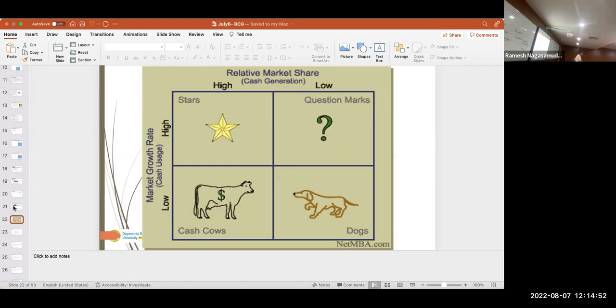Will you manufacture 2G phones? No, you will not enter. You enter a market which is growing, but within the market, you do a different segmentation. That's a different thing. Nobody enters a dog market. He must be crazy to enter a dog market. Everybody believes that he will become a star.